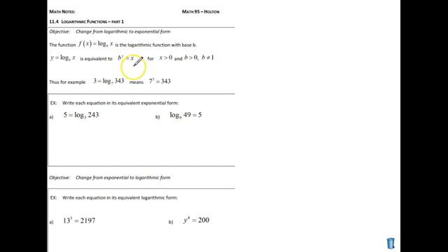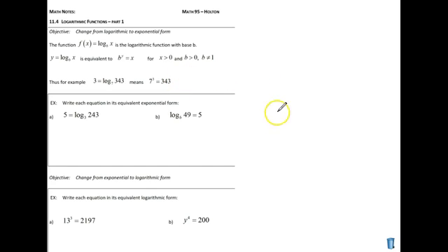We remember we said last time that b couldn't be 1 because 1 to any power is just 1, so that doesn't help us. So if you look at this example, 3 equals log base 7 of 343, this is equivalent to saying 7, that's our b base, to the third power, that's our y, is equal to 343, which is our x.